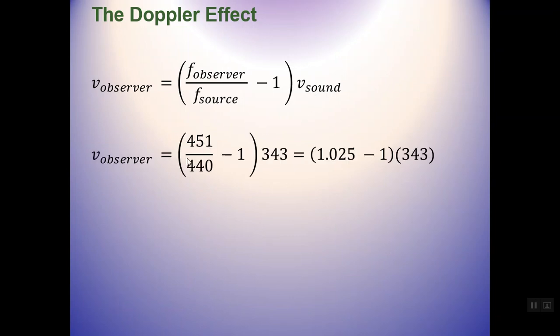Substitute your numbers. F observer is equal to 451 divided by 440, minus 1, times 343, which is equal to 1.025 minus 1 times 343, and V observer we can find is 8.575 meters per second. This is the velocity of the observer.